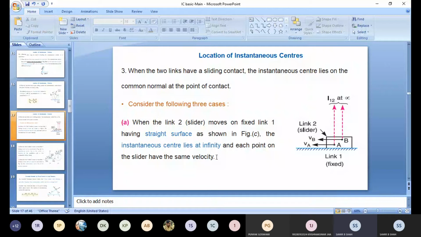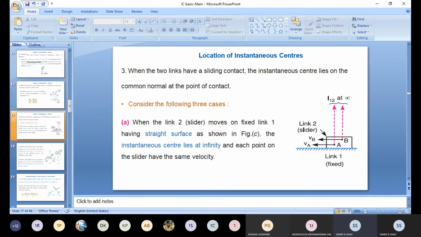Now, the third one is important. We are explaining some cases which can be utilized in examples, or any kind of case you may have to solve in the exam, so you should be ready with that kind of example.